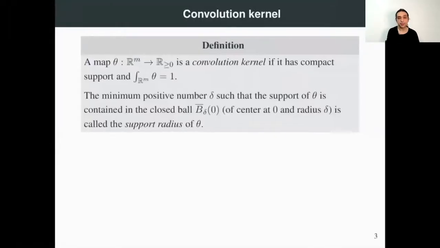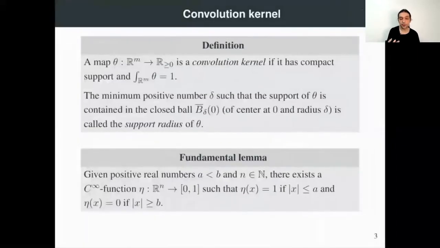The minimum positive number delta such that the support of theta is contained in the closed ball of center 0 and radius delta is called the support radius of theta. That support radius exists because the support of theta is a compact set.